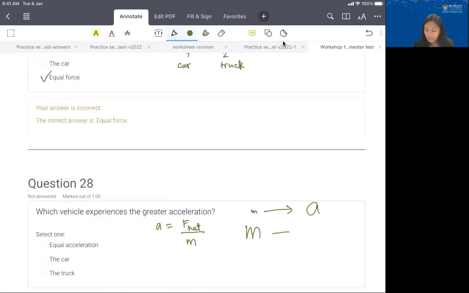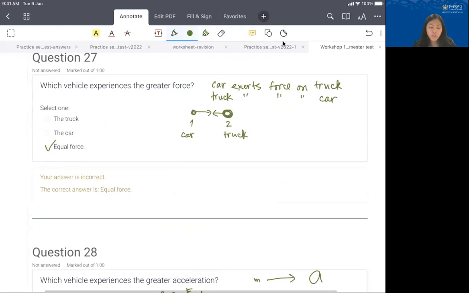A big mass gives you a small acceleration. So in terms of the force in question 27, the mass doesn't influence the force exerted by one object on the other because of Newton's third law.